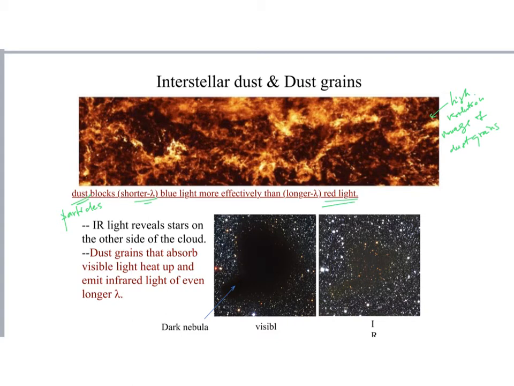Here's an example. Again, we have a dark nebula. This is how it looks in visible wavelengths, and here is how it looks in infrared. Do you see any difference? Well, first of all, here is nothing, right?